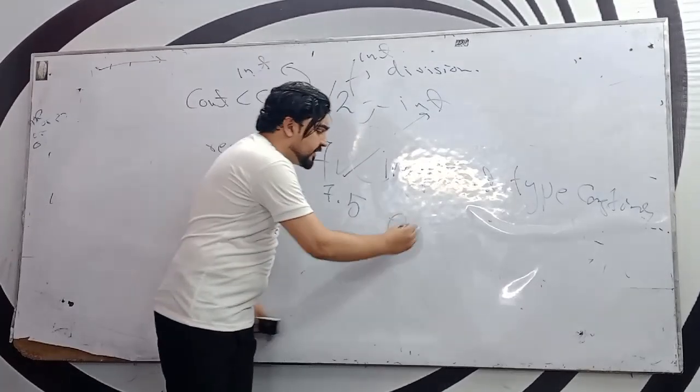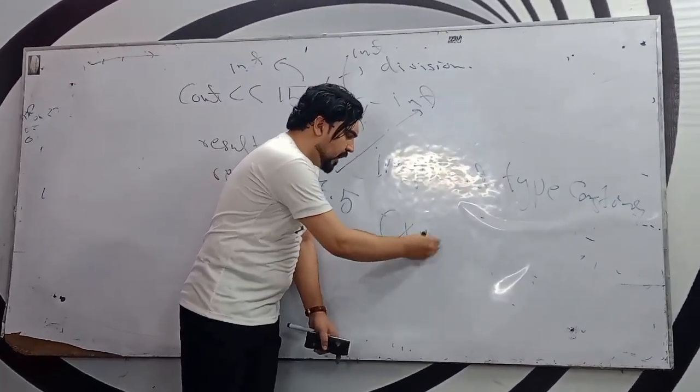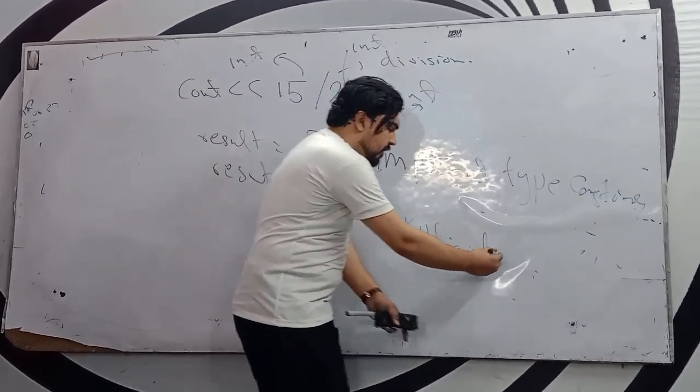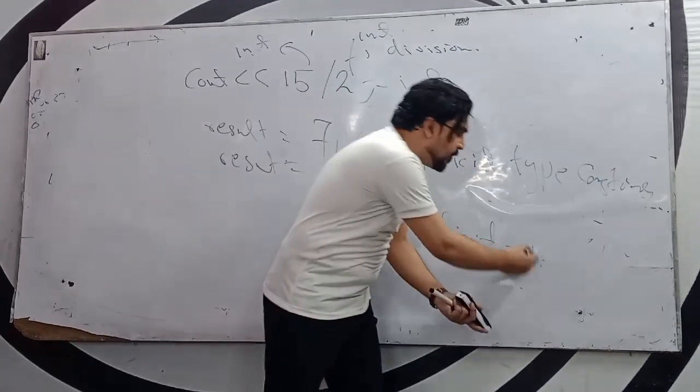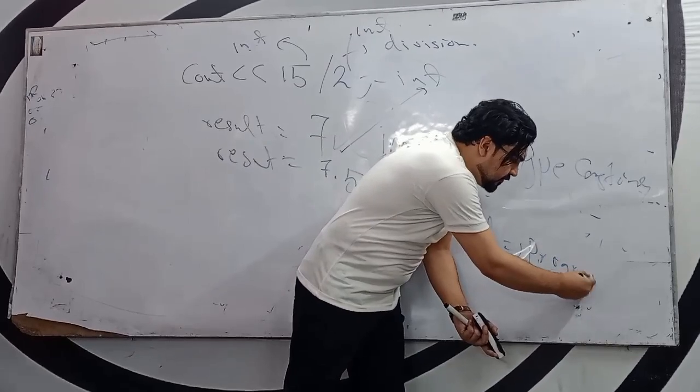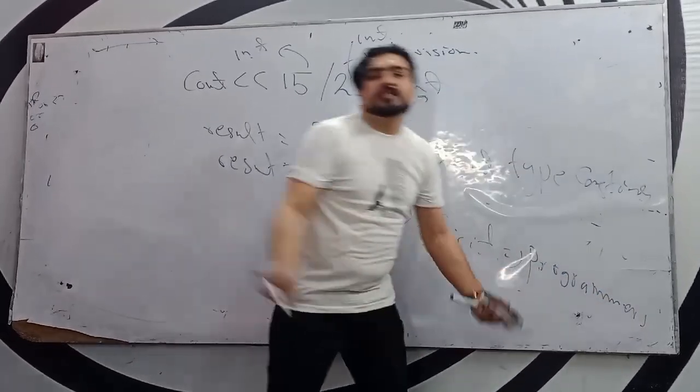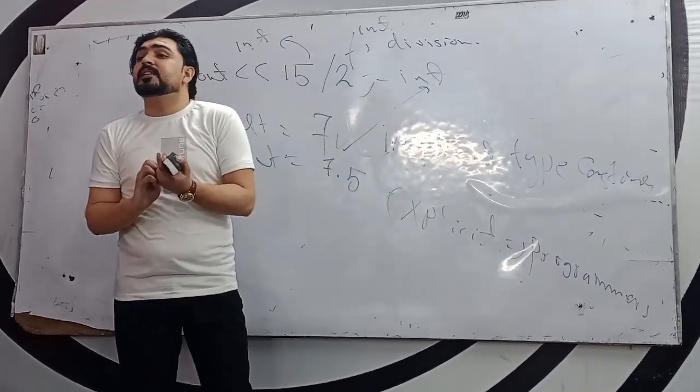The other one is explicit typecasting. Programmers do that, according to their need.